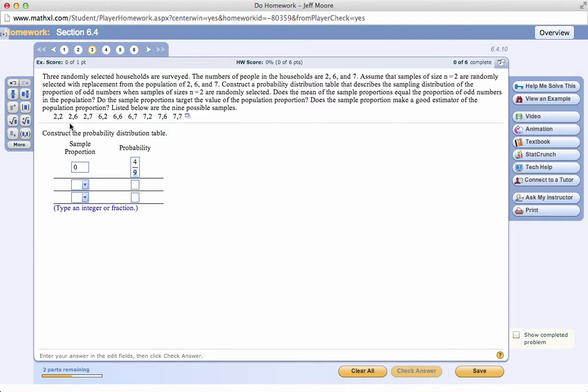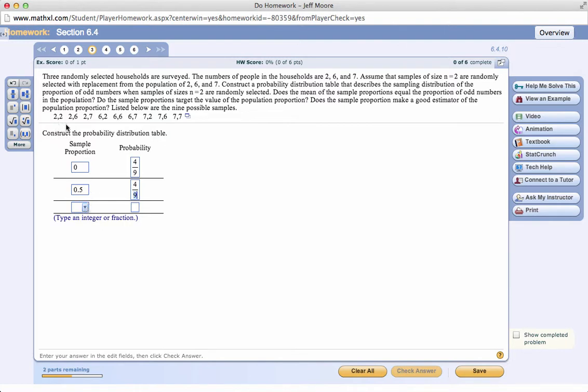Then we have some where half of the values in the sample are odd, like with this 2 and 7. There are 2 values there, a 2 and a 7. The 7 is odd out of 2 values, so that's half. So 50% of the values in that sample are odd. That happens with the 2 and the 7, the 6 and the 7, the 7 and the 2, and the 7 and the 6. So that's 4 out of 9.